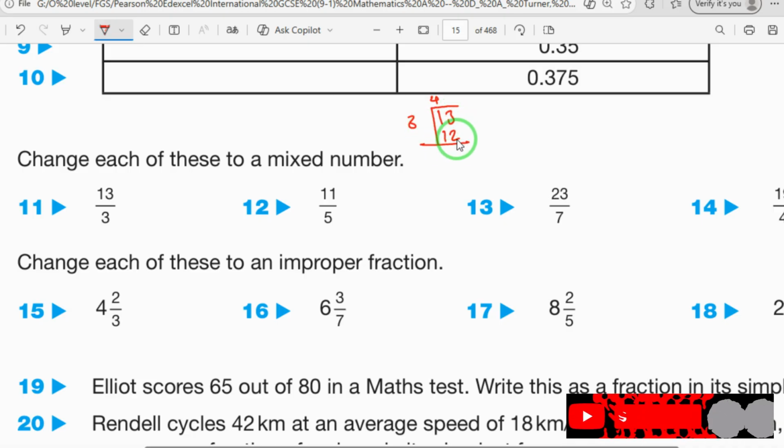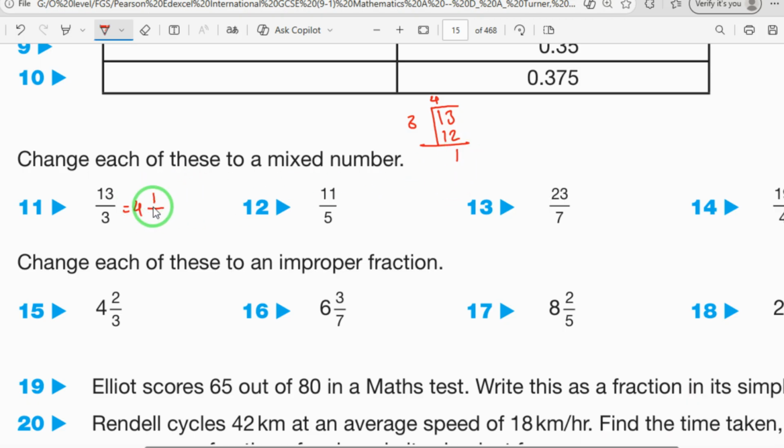We subtract: 13 minus 12 is 1. Now we write 4 as a whole number, and the remainder 1 is the numerator and 3 is the denominator. So the answer is 4 and 1 over 3. We changed it to a mixed number.